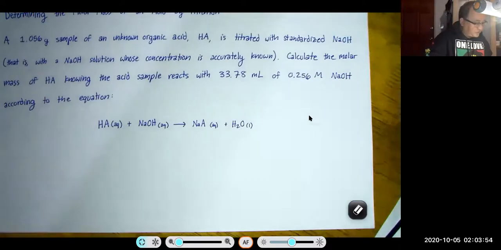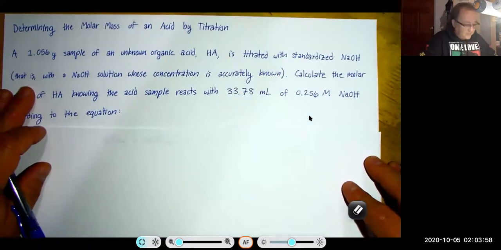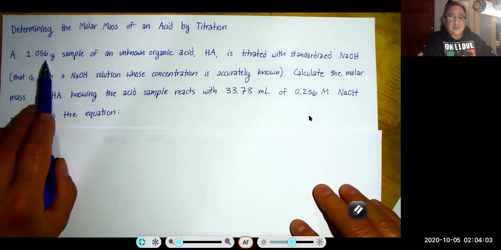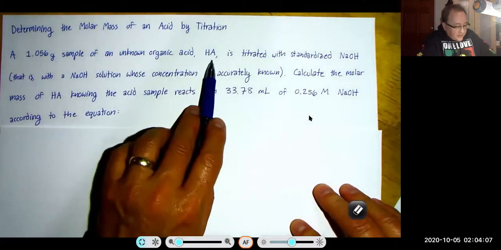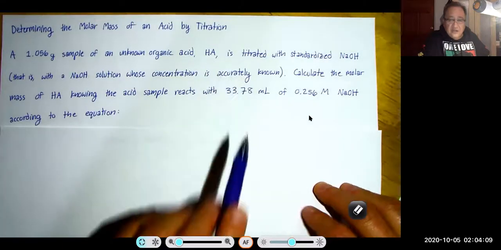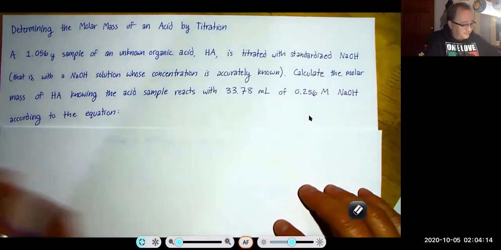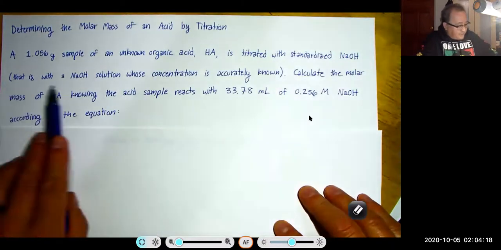Let's take a look at another problem now. Determining the molar mass of an acid by titration. In this case, we have a 1.056 gram sample of an unknown organic acid, HA. Now this is important. When they say HA, it looks like there's one hydrogen for this acid. It's monoprotic. It's titrated with standardized sodium hydroxide.